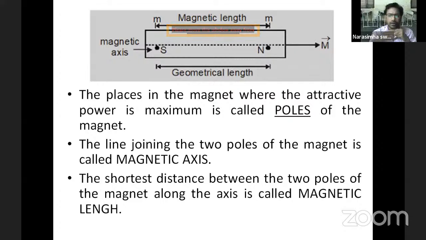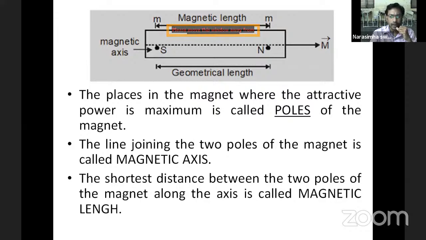Have you observed in the diagram, the north pole and south pole, and these black dots are not exactly at the edges of the magnet? They are just away from the edge, just inside the magnet. So we can say that the attractive power is more concentrated at those black dots as shown in the figure.